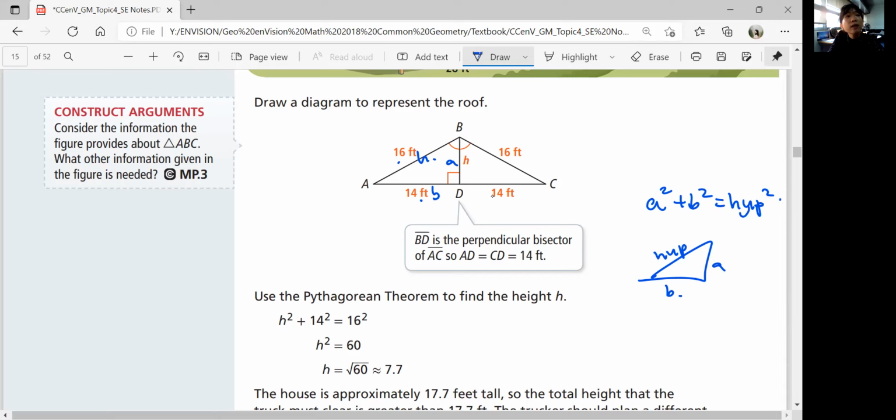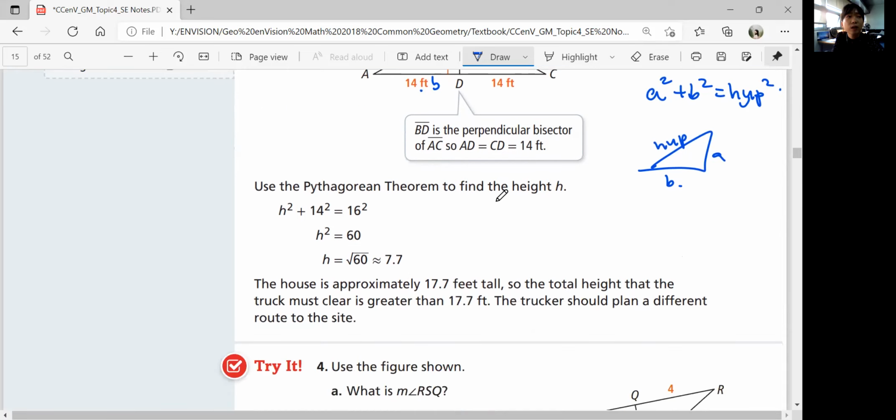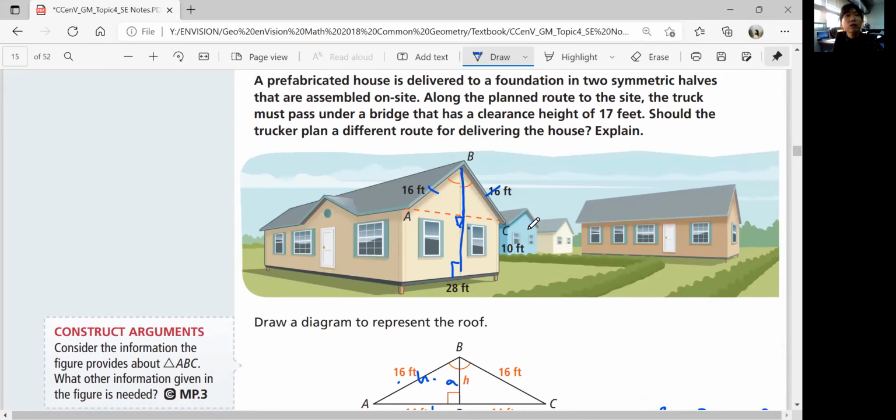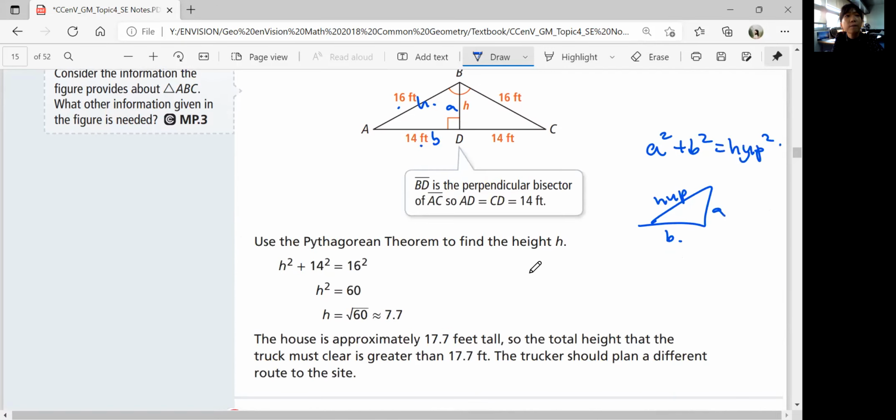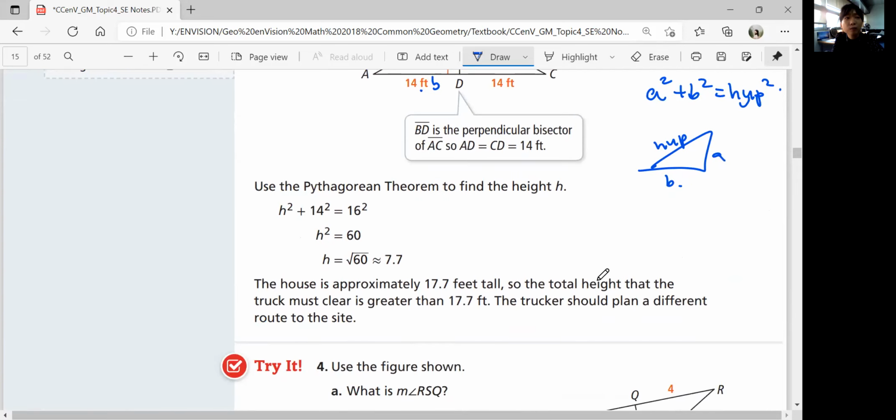So h squared plus 14 squared is equal to 16 squared. Your h is about 7.7. The house is approximately 17.7 feet tall. So the total height that the truck must clear is greater than 17.7 feet. Using this one, that's a 10 feet height. So the trucker should plan a different route to the site.